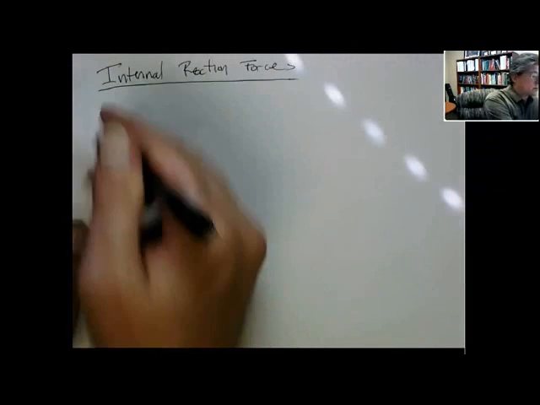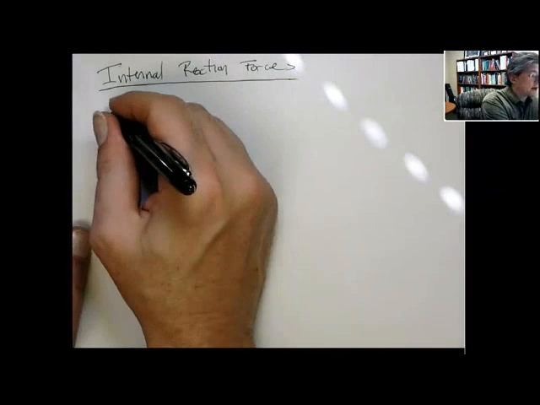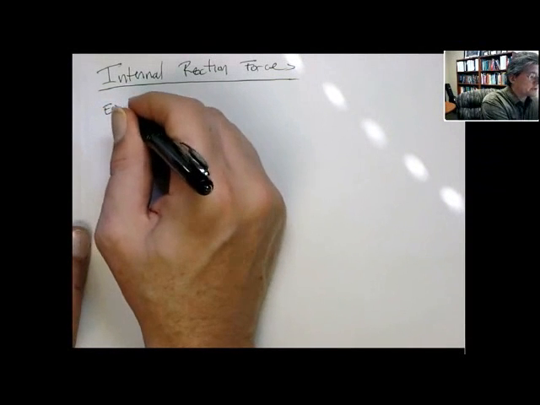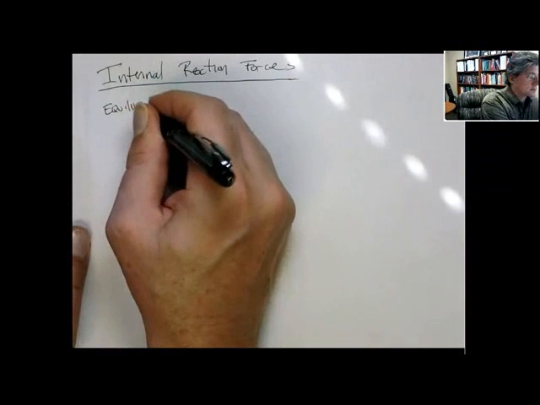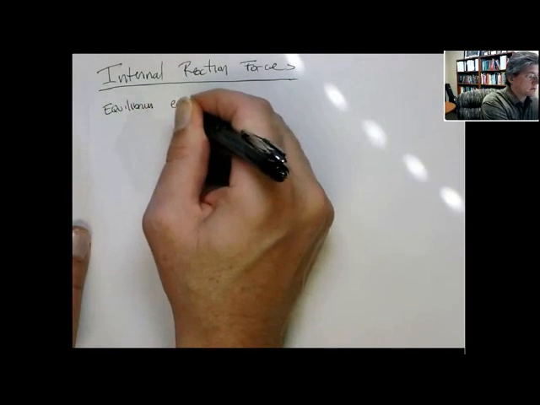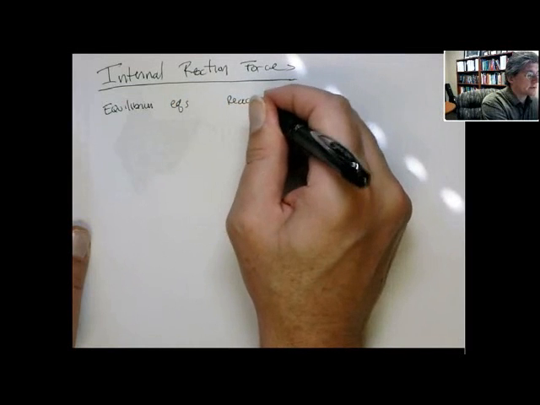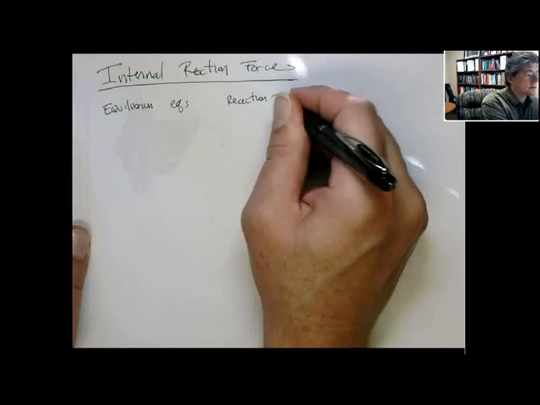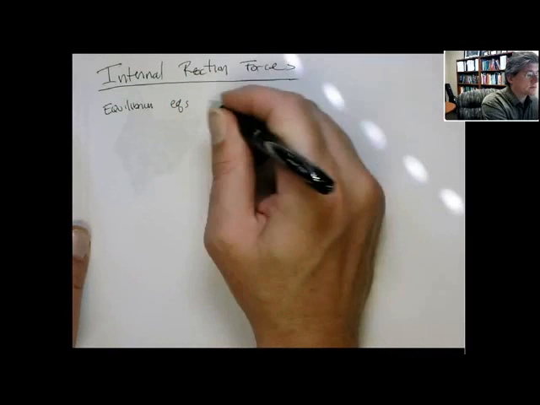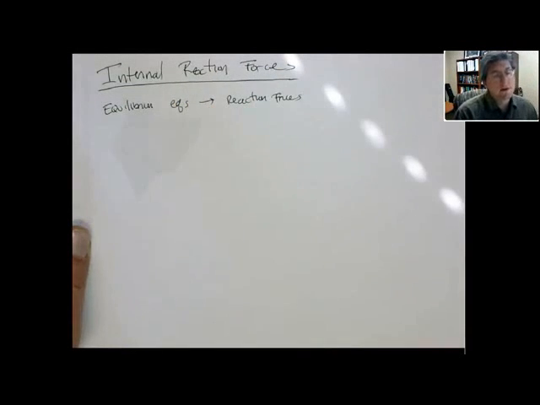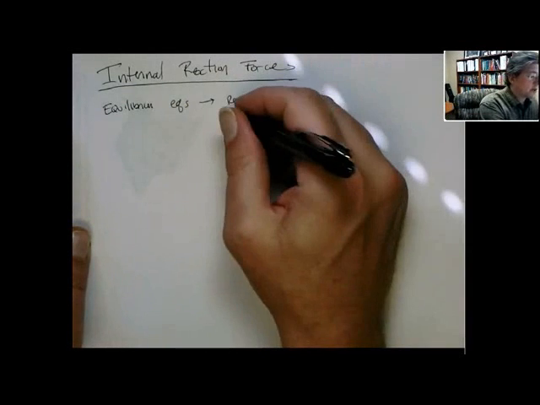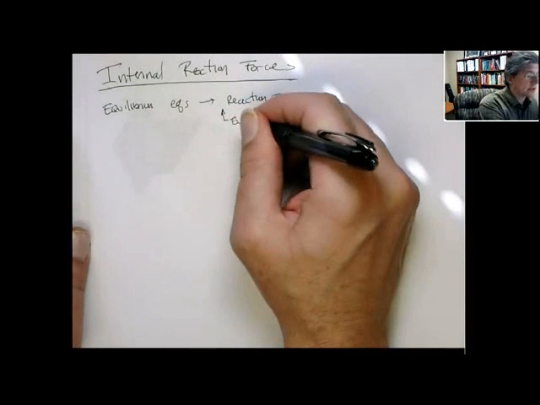Okay. In the last one, we looked at using equilibrium equations to solve for reaction forces. And in those situations, what we did was looking at what we're going to call external reaction forces.